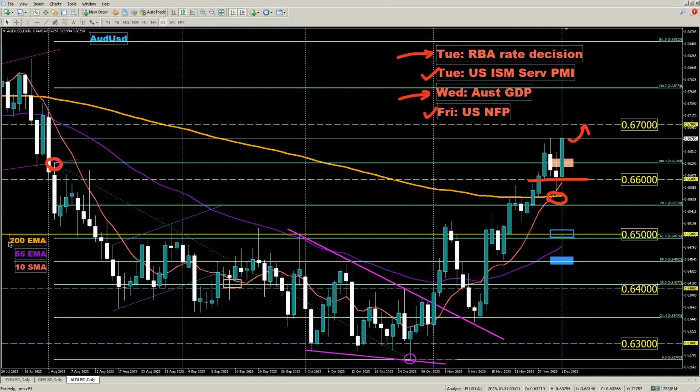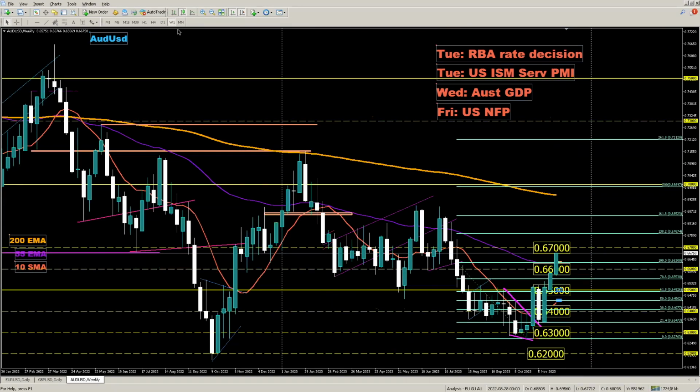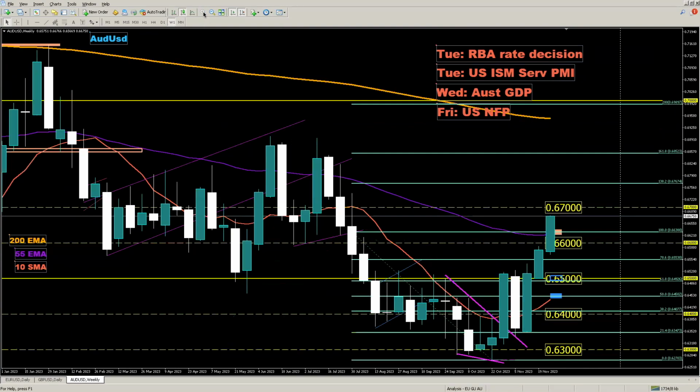Let's take a look at the weekly time frame and see how strong this move is going to be. And yes, it broke through above the weekly 55 EMA. A very strong bullish close here.